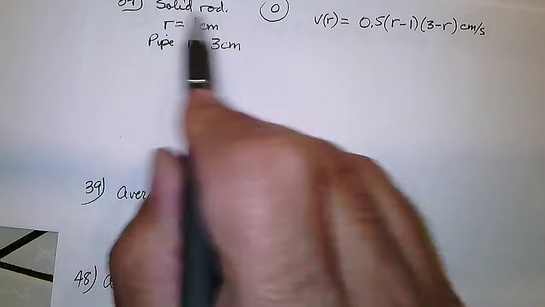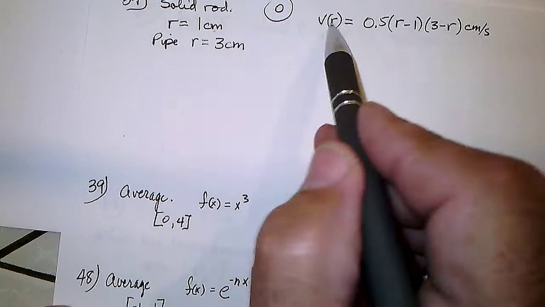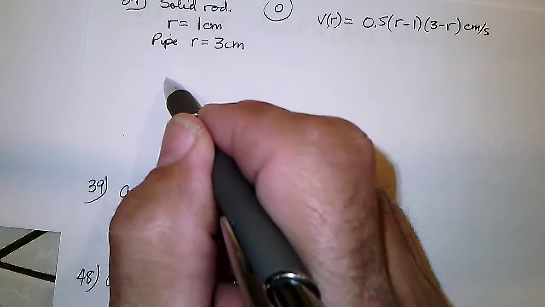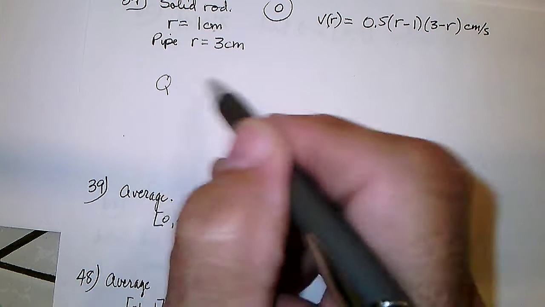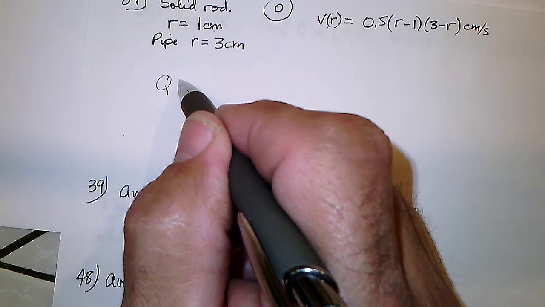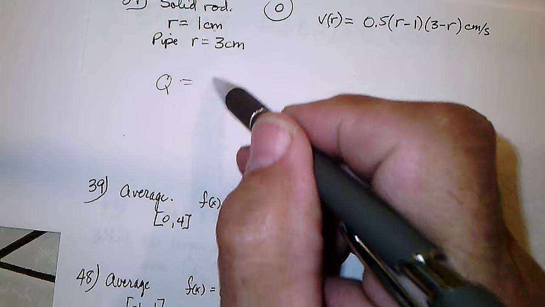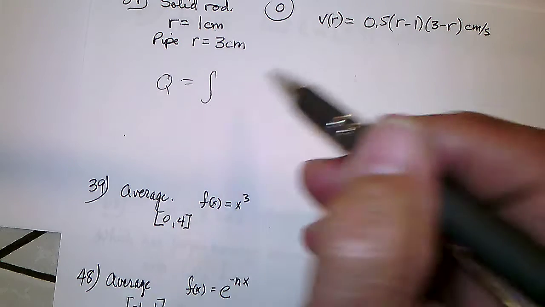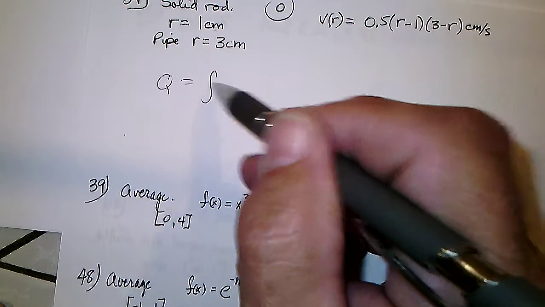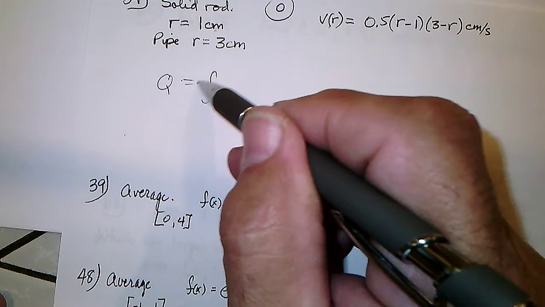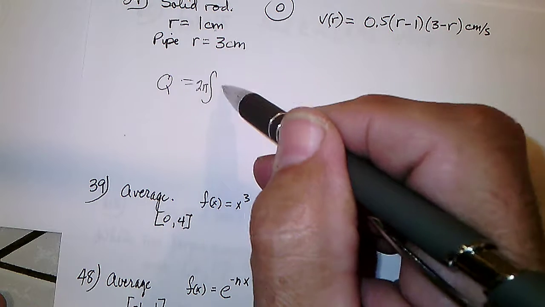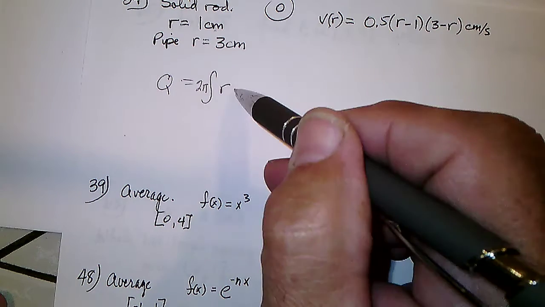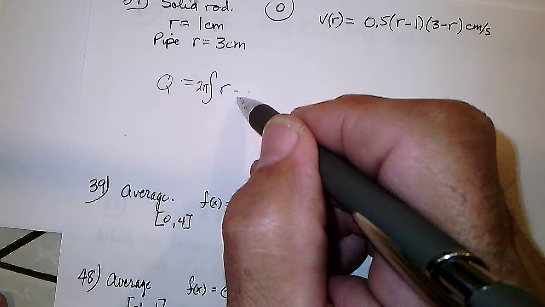37. Got a solid rod with another rod inside, and the velocity is this. And the book says the quantity flowing in the pipe is the integral from center out of the area of the ring, 2 pi r, times the velocity at that radius.